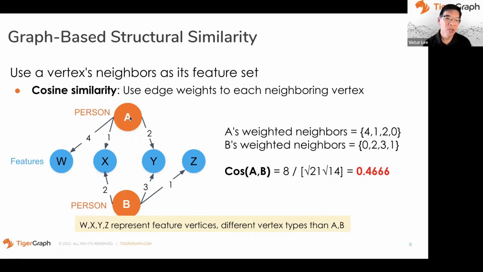In this example, we have persons represented by these larger orange vertices, person A, person B, and then features or characteristics of them are represented by these blue vertices. And think about, say, X might represent a school, a particular school.